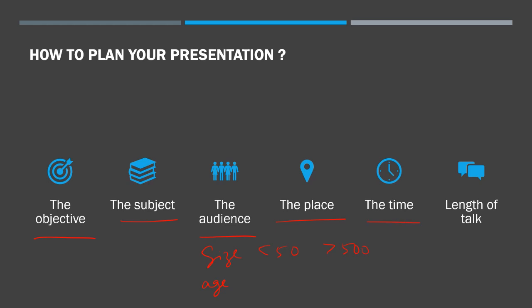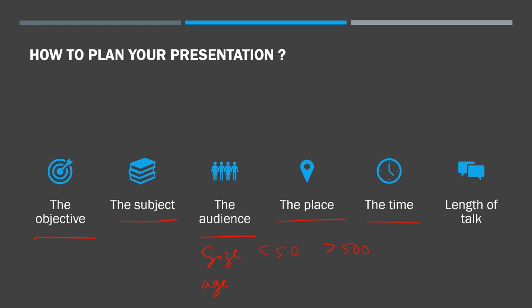And then the type of presentation. So when are you going to present it? Whether it is in the morning, afternoon, or evening. Ideally, morning is a very good time for presenting some things. If it is informational, again, it depends upon what type of presentation it is.